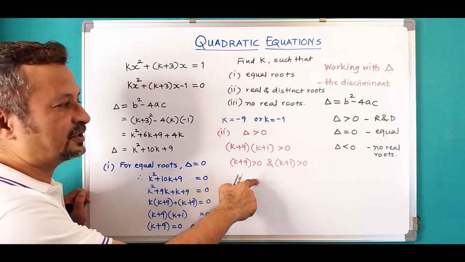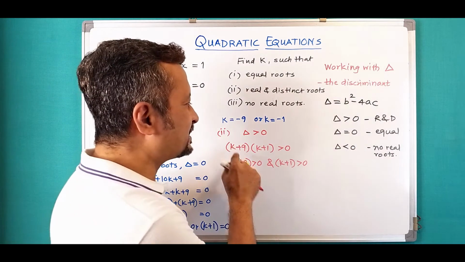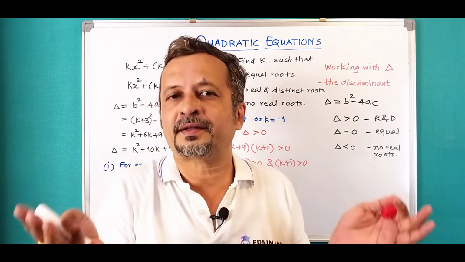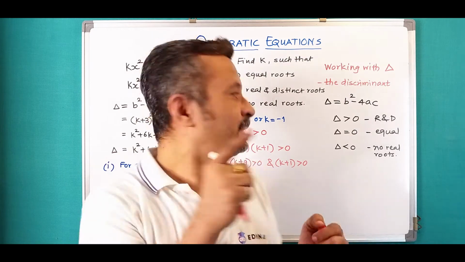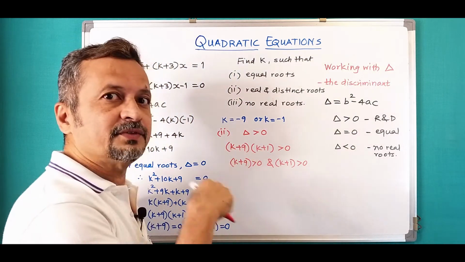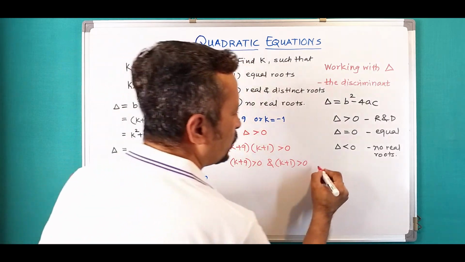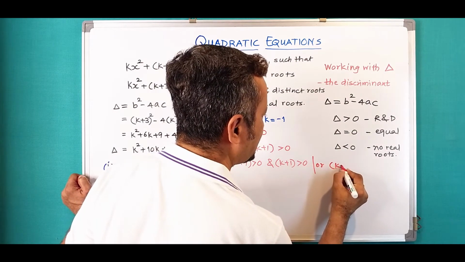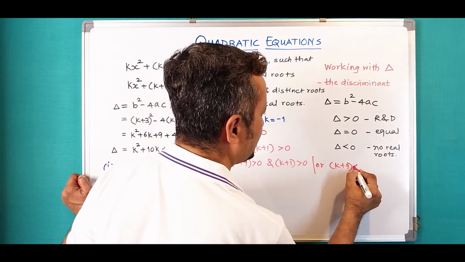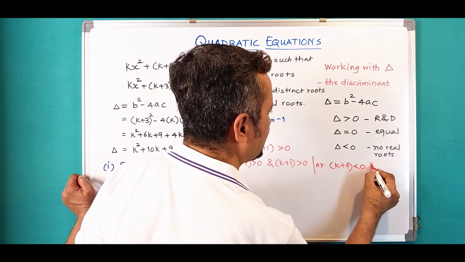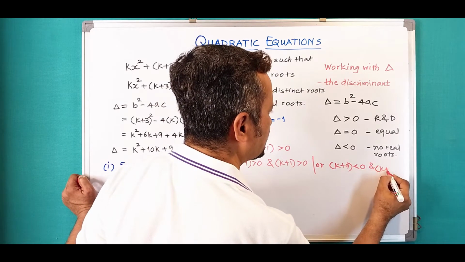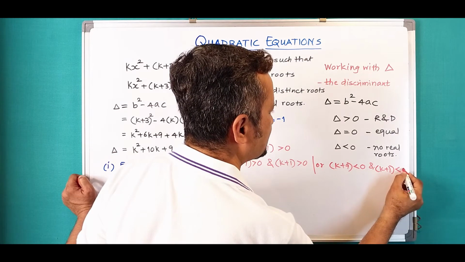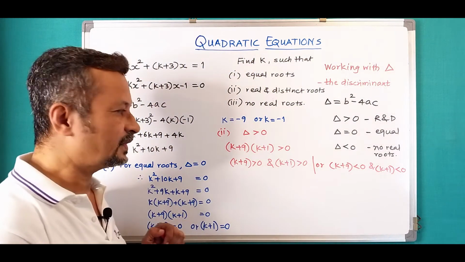This is one condition. Or if k plus 9 and k plus 1, if both are negative, then also the product will be positive, greater than 0, isn't it? So I'll write, or k plus 9 less than 0 and k plus 1 less than 0, right?